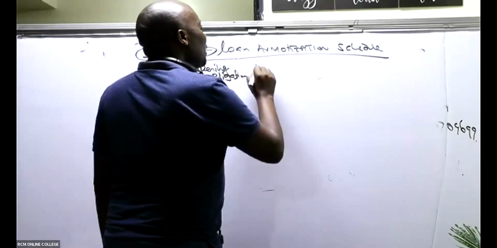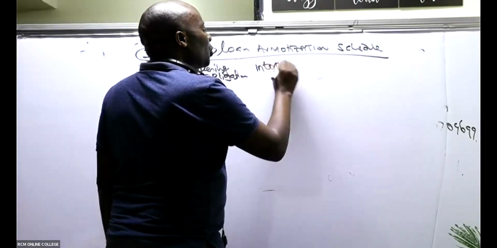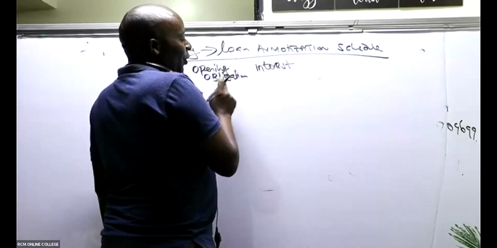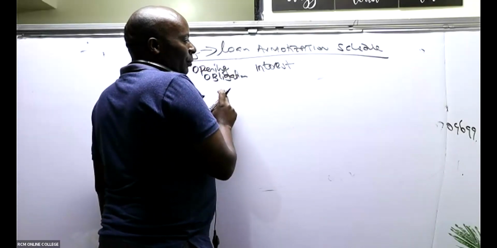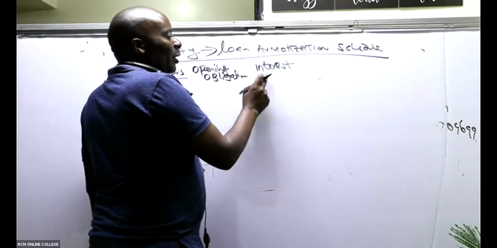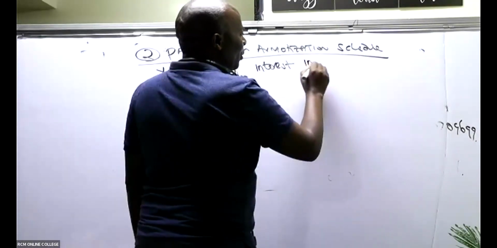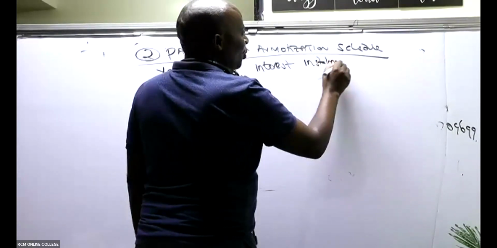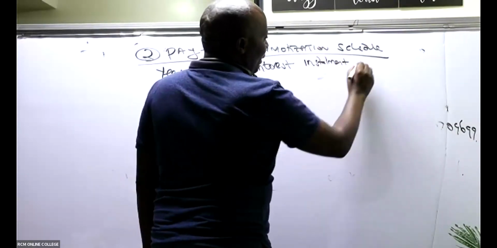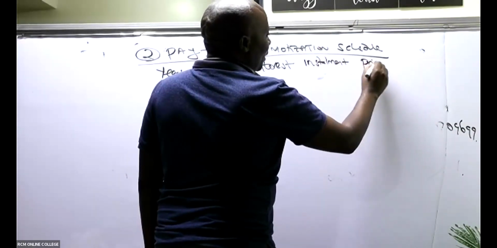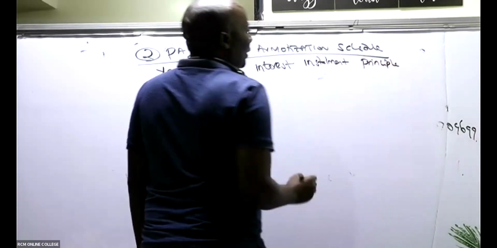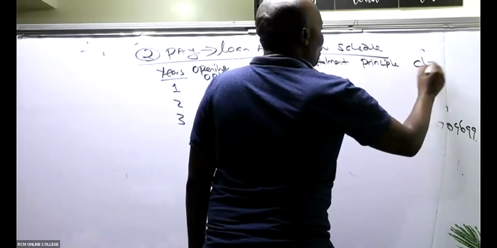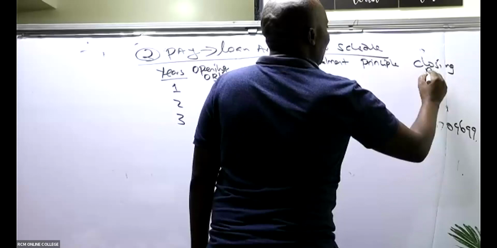This opening obligation will always attract interest. Remember, interest is normally levied on the opening obligation. From there, of course, we shall be able to have our installment, and then our principal amount, and then lastly, what we call the closing balance.